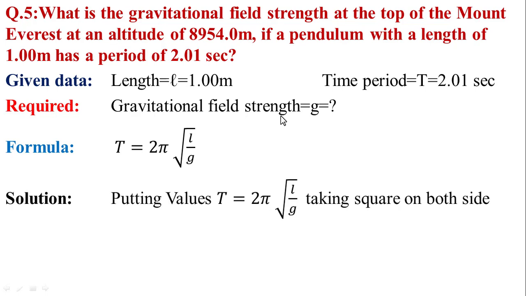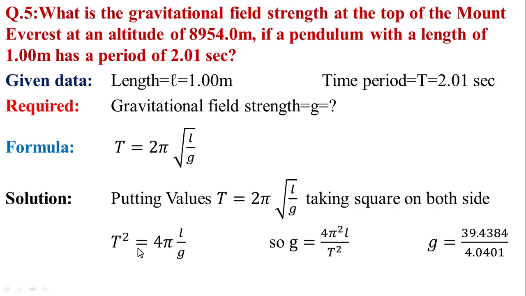Now putting the values in the formula, T is equal to 2 pi square root of L over g, then taking the square on both sides, we have T square is equal to 4 pi square L over g. Then g is multiplied on the other side and T square is divided here. So g is equal to 4 pi square L over T square.